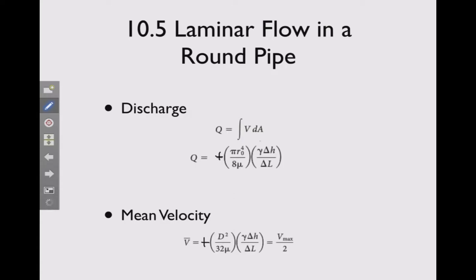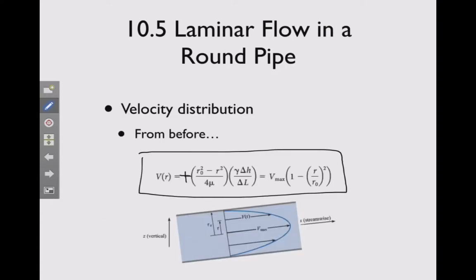So let's go back. This is going to be a bit of a lengthy derivation, but let's get going. Laminar flow in a round pipe. We know that the shear stress is equal to the viscosity times the rate of shear strain. We've seen this equation before. Since we're dealing with a pipe, we're going to do a transformation of variables, and this is where I first differ from the book.